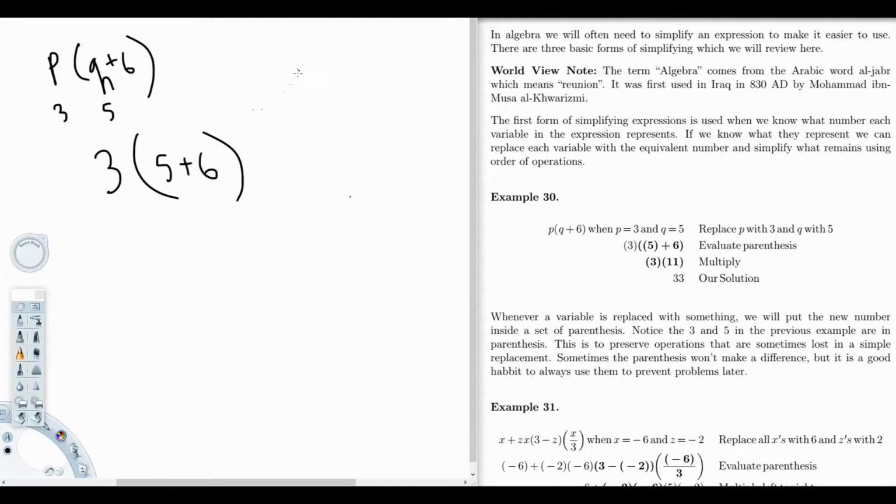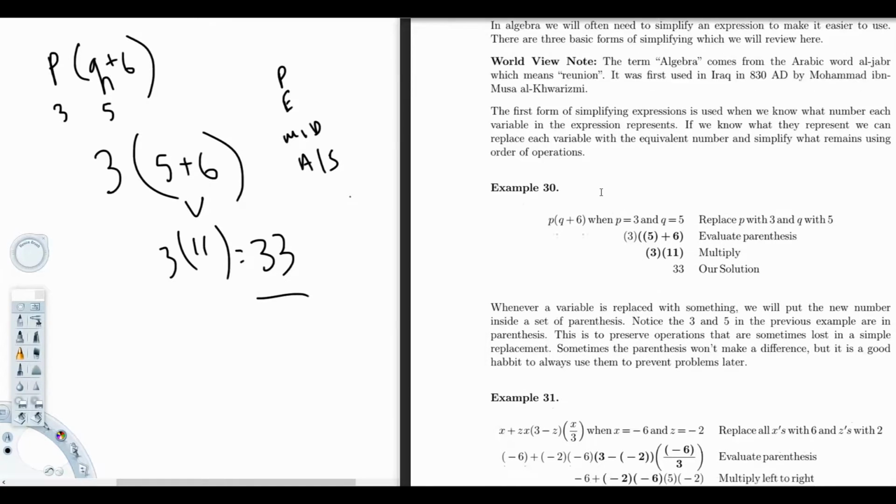Remember the order of operations: parentheses, exponents, multiplication and division, addition and subtraction. So here we do 5 plus 6 is 11, times 3 equals 33. Well, that's your answer.